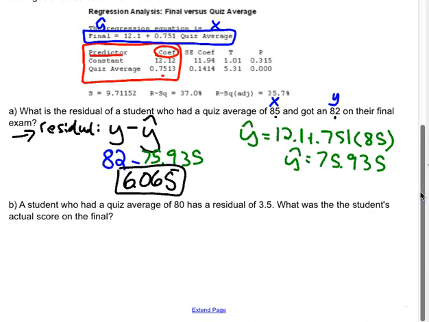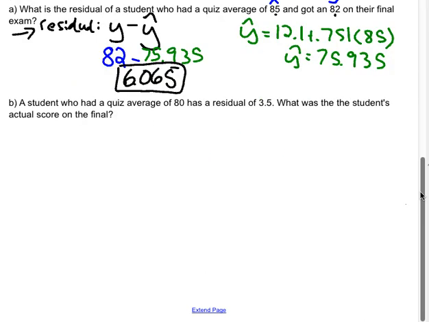So let's look at this one now. A student who had a quiz average of 80 has a residual of 3.5. What was the student's actual score on the final exam? All right, so here we're talking about residual. So as soon as I see residual, immediately this comes to mind. Okay, immediately I know I'm going to be using that.